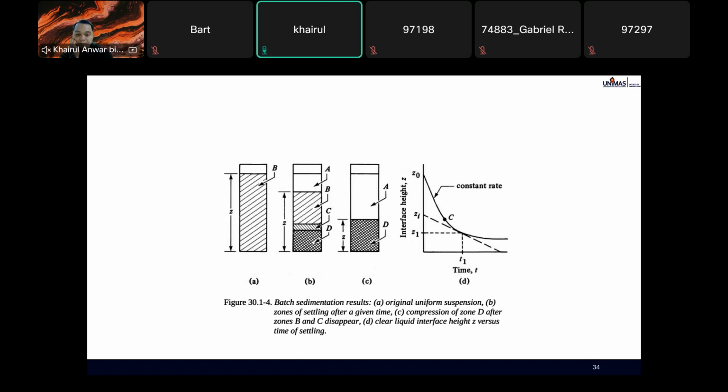After some time, the zone of settling appears. Then after some time, zone B and C disappear with compression. So B is a clear liquid interface; height Z versus time of settling.